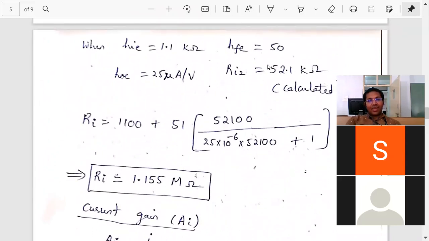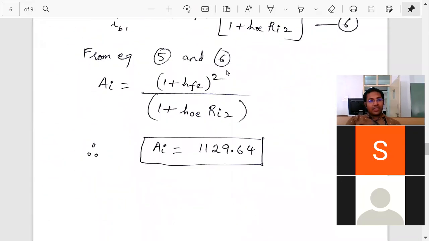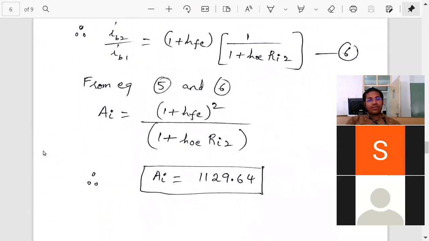So substituting these values, please check you are getting this or not. 52.1 kilo ohm, 25 micro, 50 plus 1, 51. 51 square, divided by 1 plus 25 micro into 52.1 kilo.